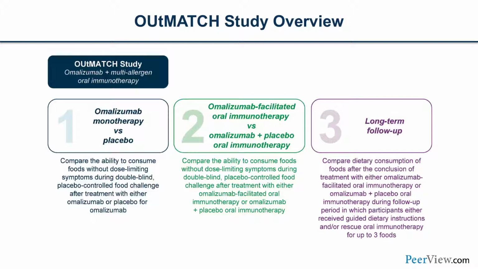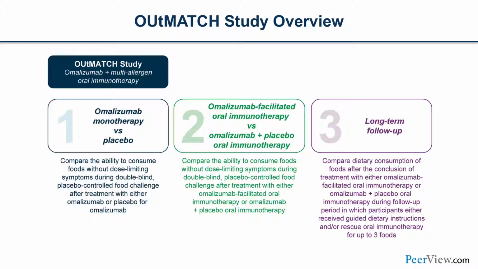other foods. They then move on to stage 2, and during stage 2, there are 2 arms, a group that are going to be getting active oral immunotherapy, where they get Omalizumab for 8 weeks before and the first 8 weeks of the OIT. And that will be compared to a group who are getting active Omalizumab through the entire stage 2 and placebo OIT.